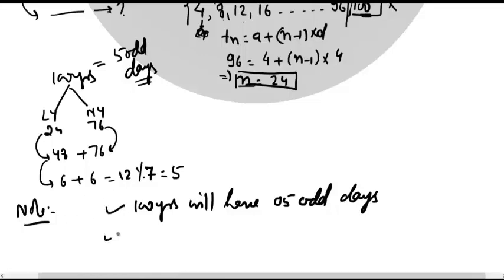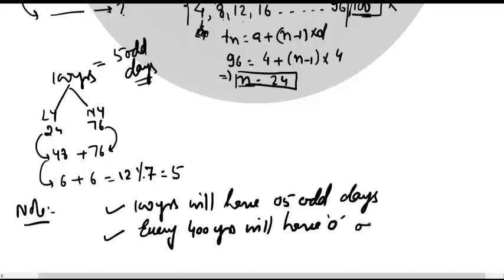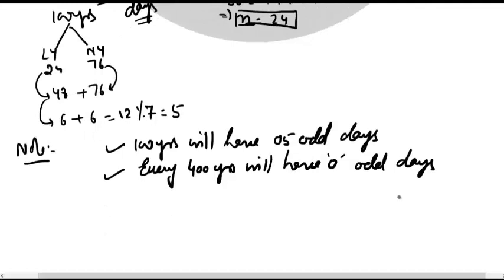Another thing you should remember is that every 400 years will have 0 odd days. So can you tell me how many odd days will be there in 800? 0. 1200? 0 odd days. 1600? 0 odd days.